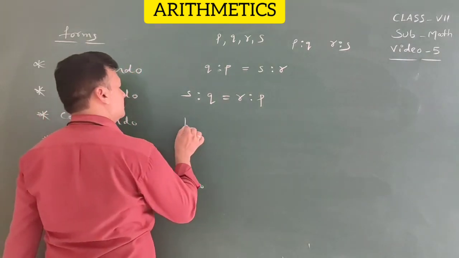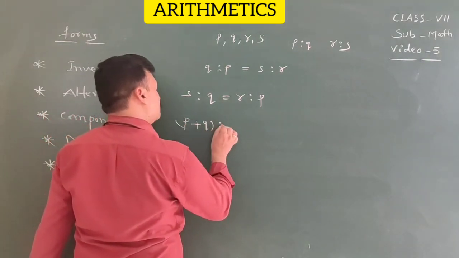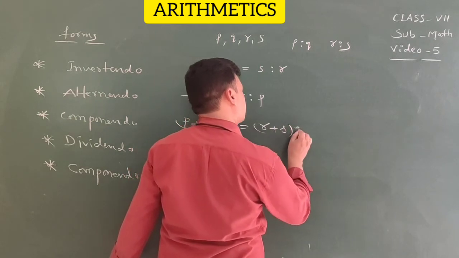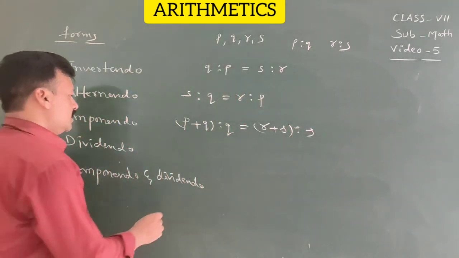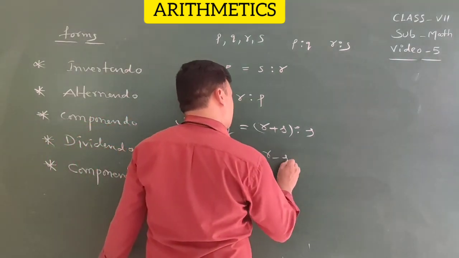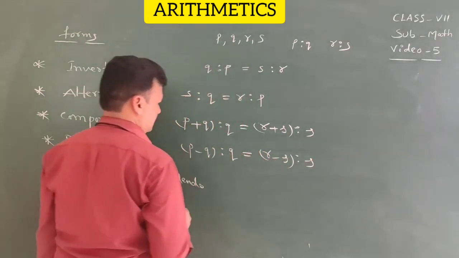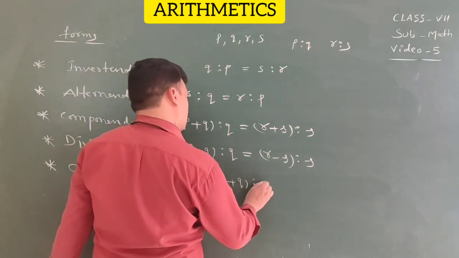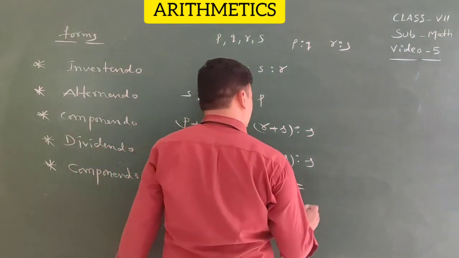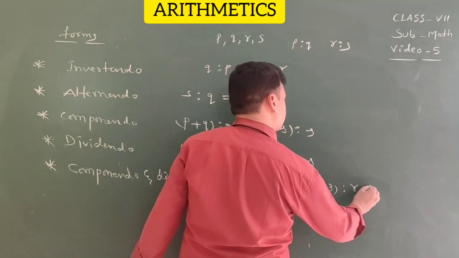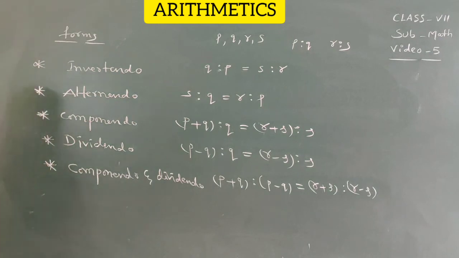Next, componendo: P plus Q is to Q equal to R plus S is to S. Dividendo: P minus Q is to Q equal to R minus S is to S. For componendo and dividendo: P plus Q is to P minus Q equal to R plus S is to R minus S, for PQRS.